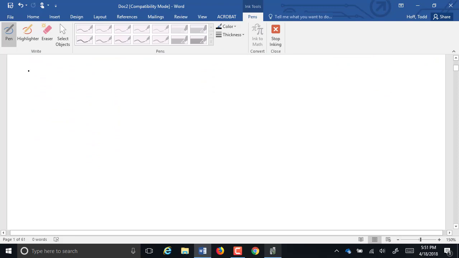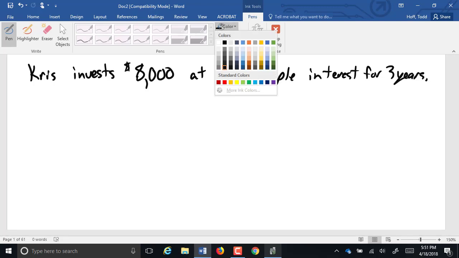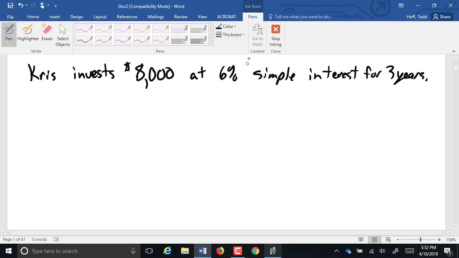We had, let's say, Chris invests $8,000 at 6%. We're going to start out with 6% simple interest for 3 years. Let's find that maturity value or that future value.